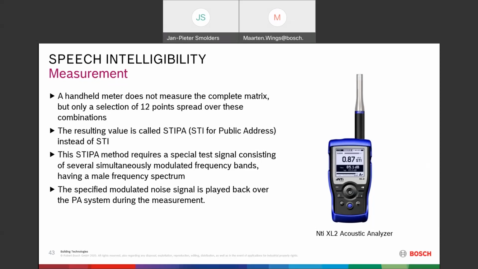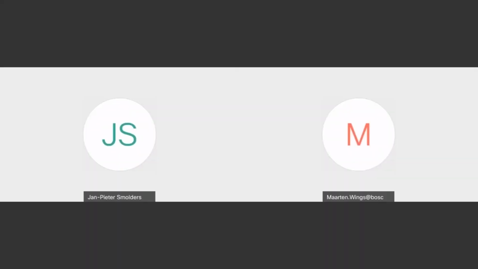I can maybe play it so you have heard it once. It's a real awkward signal. We'll look for a wave file. Yeah, here it is. Now, listen, this is the STIPA sound.